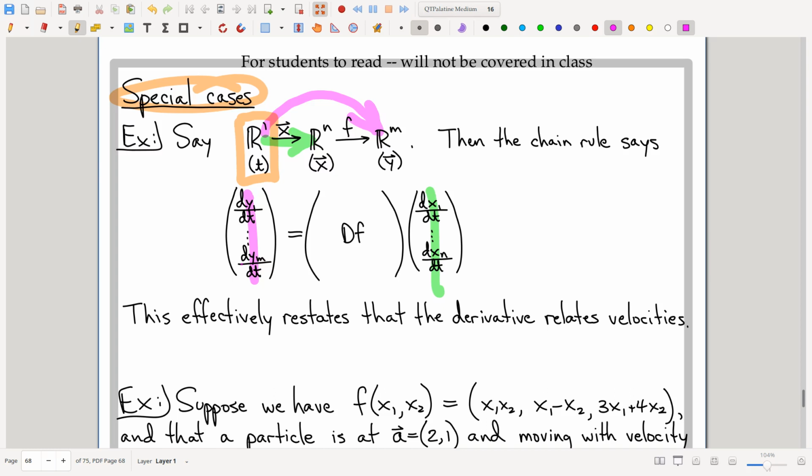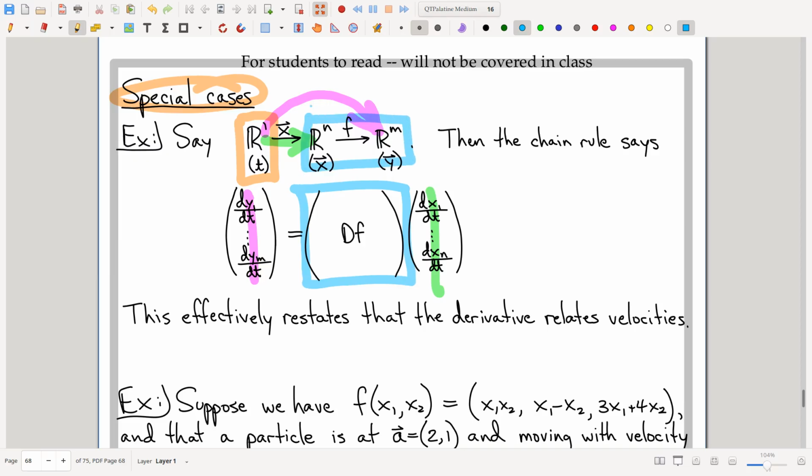Likewise, the purple function, the composition, gives position in Rm as a function of time. That too is a parametric curve. This is literally the velocity of the output in Rm. So what we have then, really nice sort of conclusion, is a confirmation of how to think about the derivative of this function f.